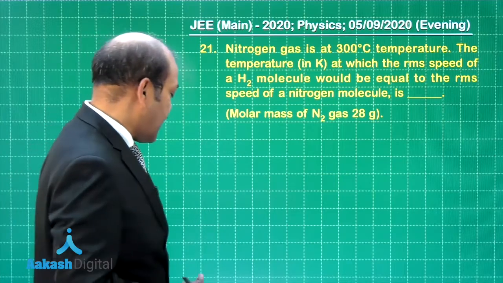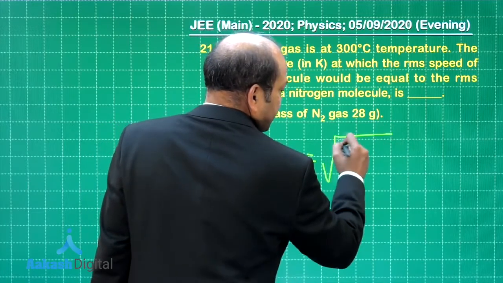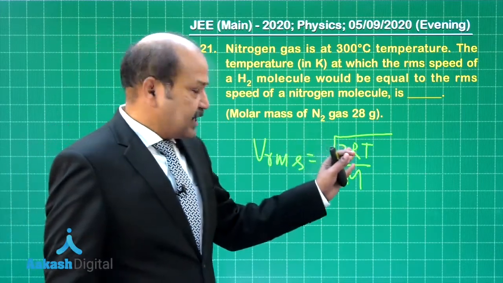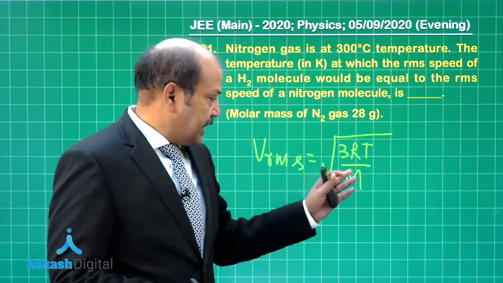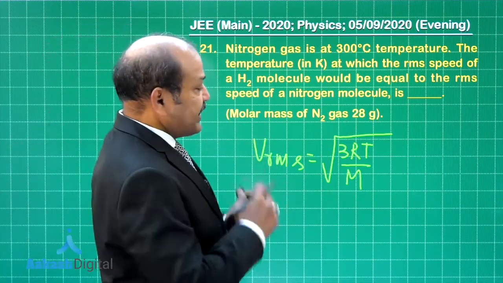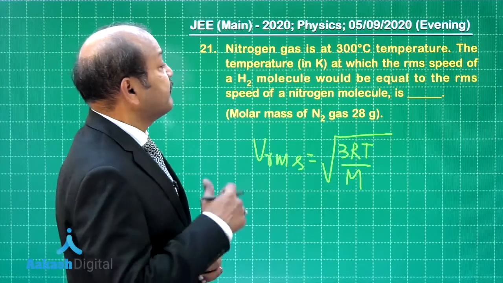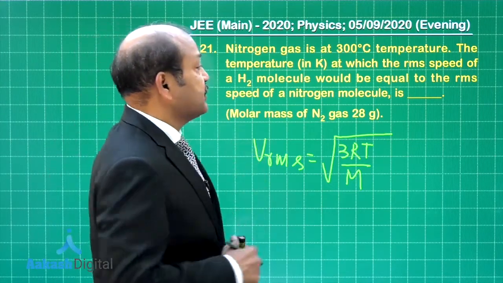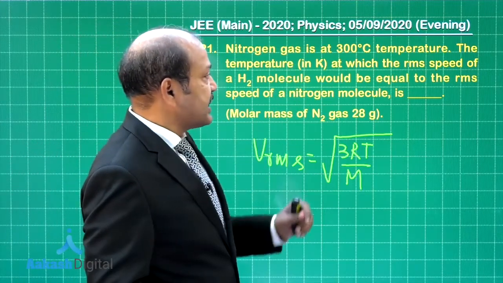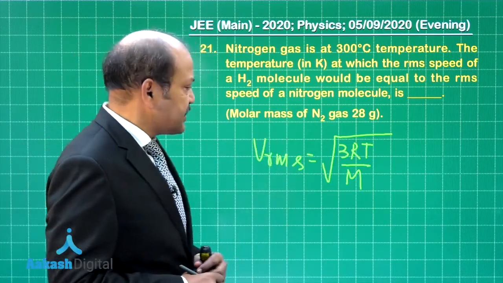The expression for the RMS speed is V RMS equals root of 3RT divided by M, where R is the ideal gas constant, T is the temperature in Kelvin, and M stands for the molar mass of the gas.